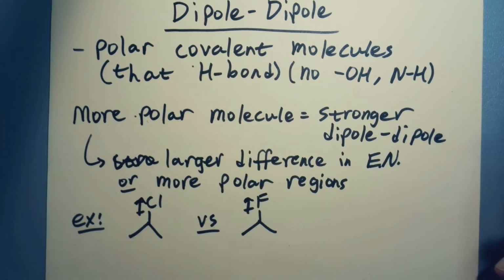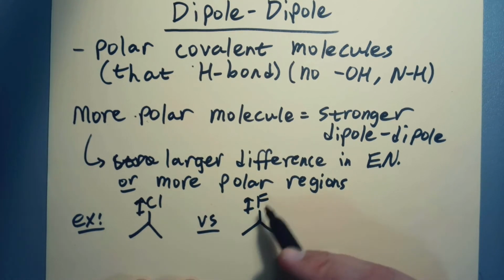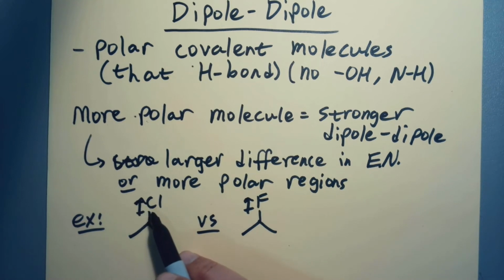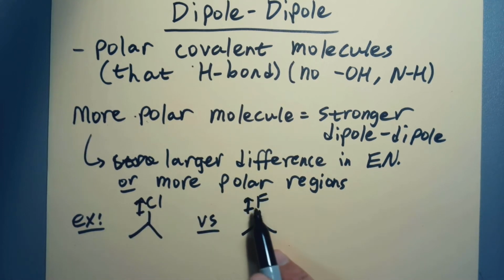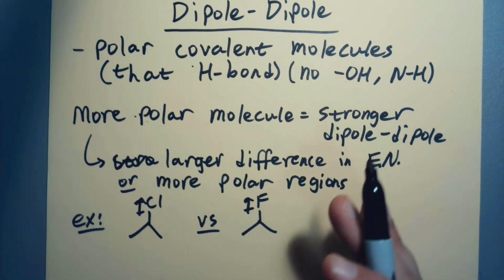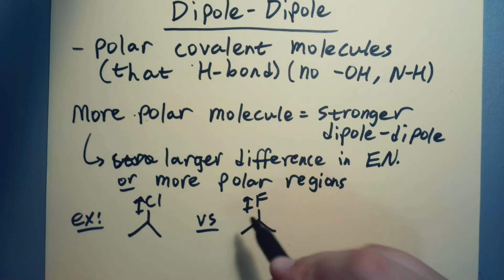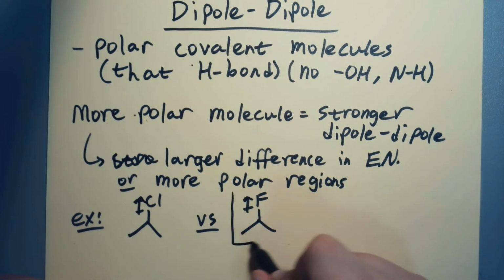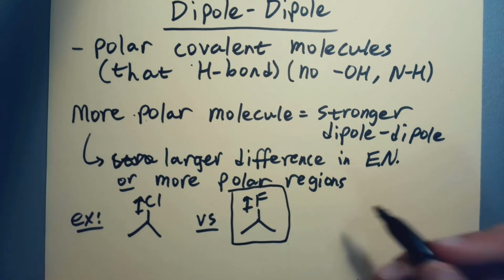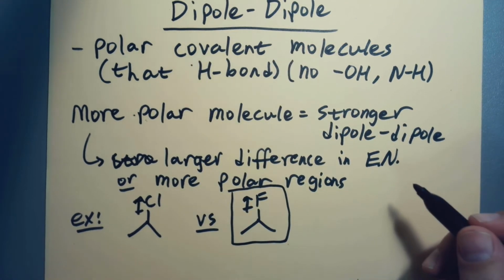And so, which one is more polar? Well, it's carbon and chlorine versus carbon and fluorine. Fluorine is above chlorine on the periodic table. In fact, it is the most electronegative element. It is the top right of electronegativity. We don't deal with those pesky noble gases. And so this is going to have a larger difference in electronegativity. It's going to have a more polar bond here, which means it's going to have a more polar molecule.